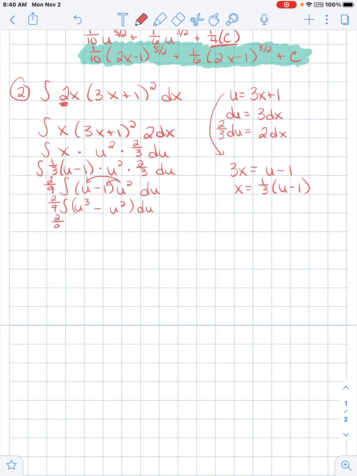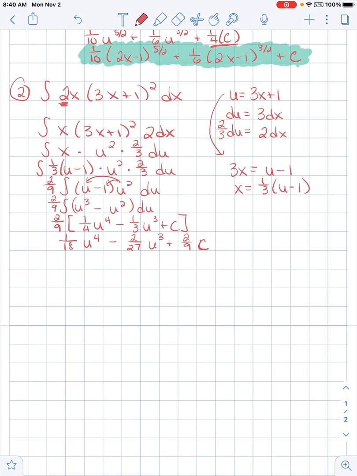Now I can find the antiderivative because this is more like a polynomial, just working backward from the power rule. So the antiderivative of u to the third is 1/4 u to the 4th, and then u squared would be 1/3 u cubed plus a constant. Multiply the 2/9 through, so that gives me 1/18 u to the 4th minus 2/27 u cubed plus 2/9 times a constant.